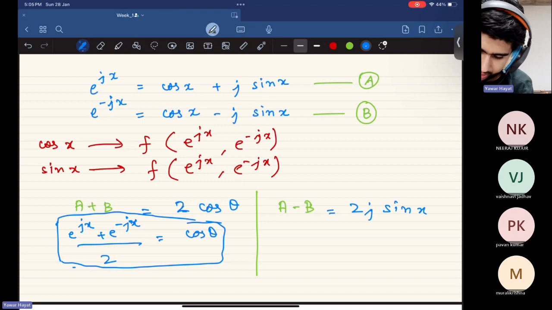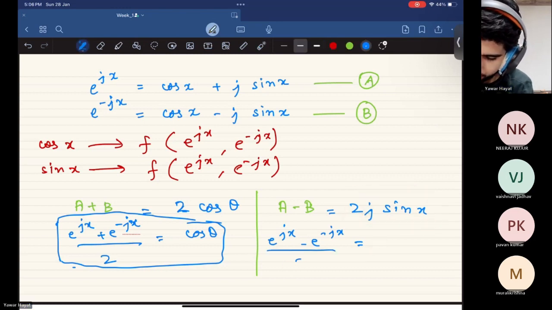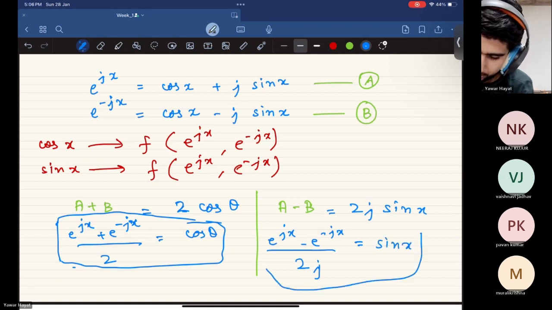And a minus b on the left hand side is e power jx minus e power minus jx, which equals 2j sin x. I'll bring this 2j into the denominator.